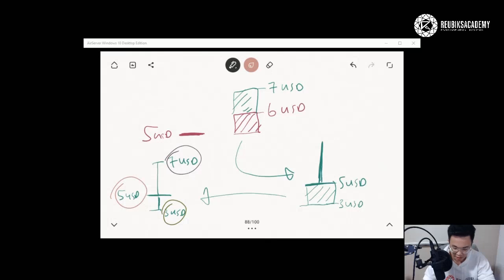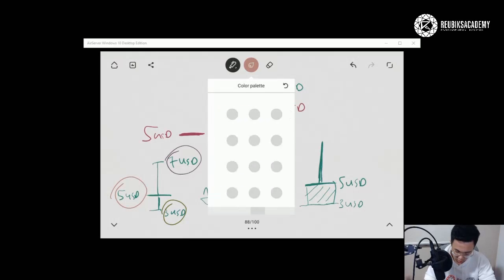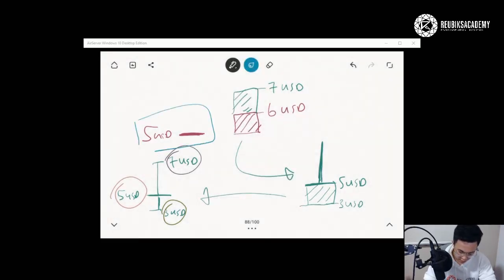Now, how long does this last? How long does it last from going from this to this? How long is this process? Now, the time of this process is determined by the time frame of the chart.